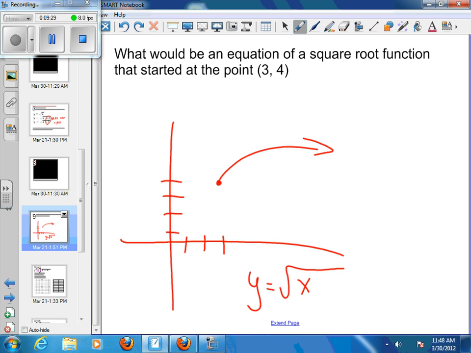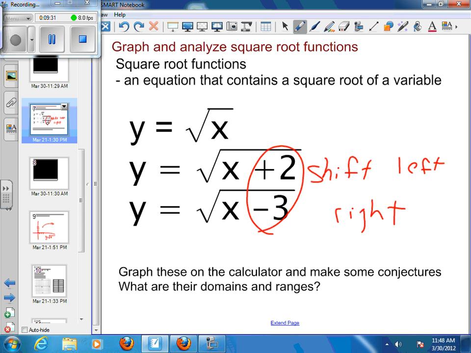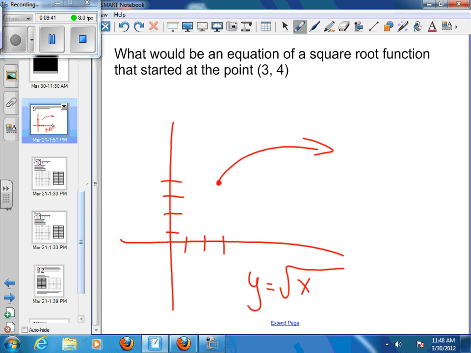And then inside the radical, we're shifting us left and right, right? So if we want to move it right 3, we would subtract 3. In this case, we want to move it right 3, right? 1, 2, 3. So we would subtract 3. But then we want to move it up 4.